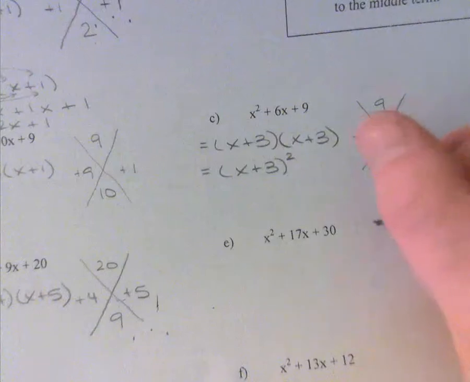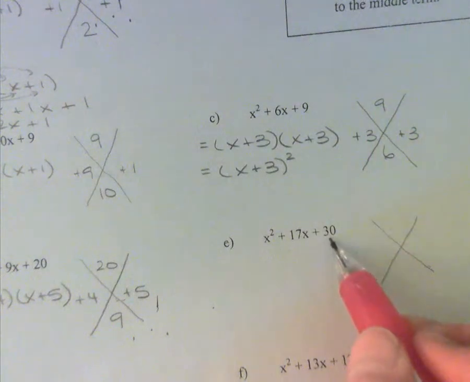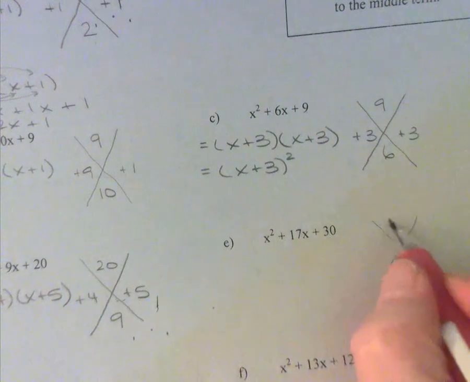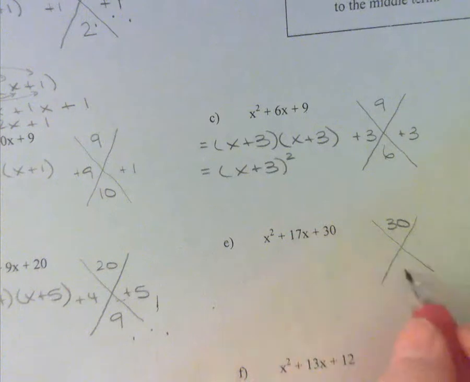Okay, so let's do our x again. So we're looking for two numbers that multiply to 30 and add to 17. So I'm looking for numbers, so I have 1 and 30, 2 and 15, 3 and 10, and 5 and 6.